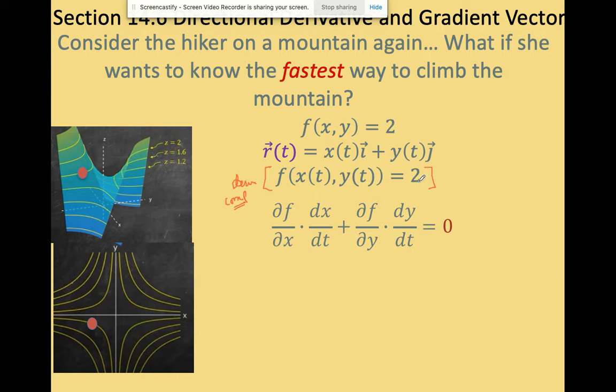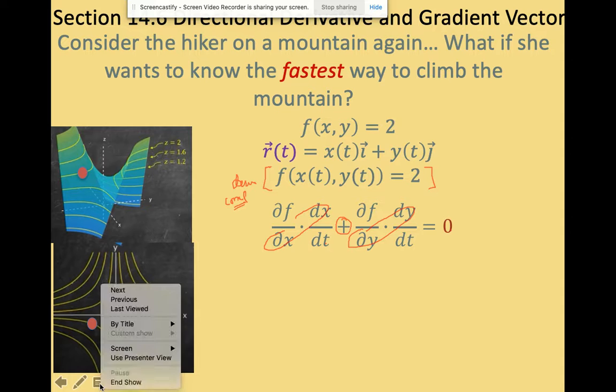Taking the derivative of the right side, 2, gives me 0. So I'm taking partial f, the change in elevation with respect to my x position, times the rate of change of my x position with respect to time, and doing the same thing in the vertical. And remember, we see the chain rule.